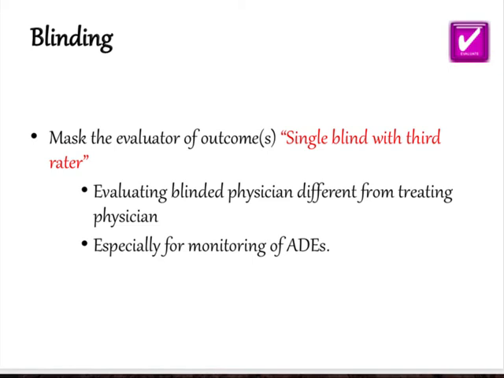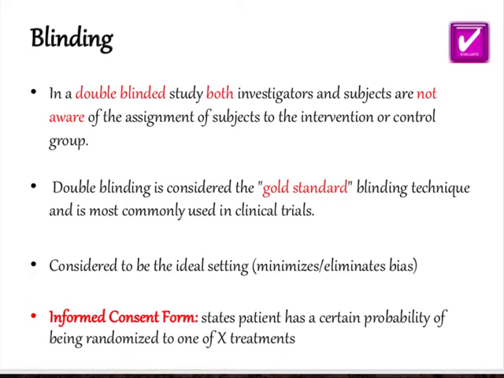We cannot make the treating physician blinded, because maybe it's a critical disease where the treating physician needs to know what type of medication the patient is taking, but we will not make him evaluate the result or the adverse events, because he knows that this patient is taking this medication and the other patient is taking the other medication. That's why we do the single blind with third rater.